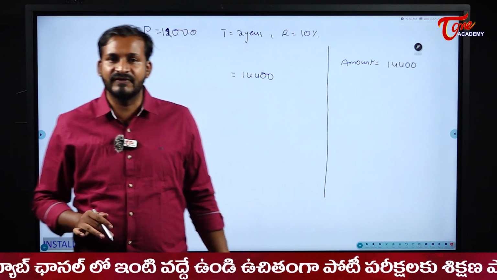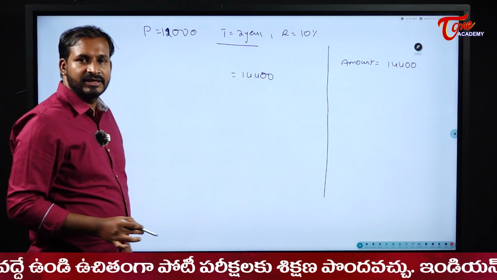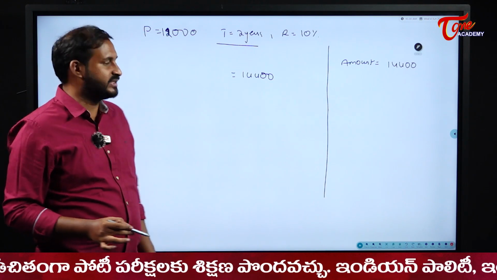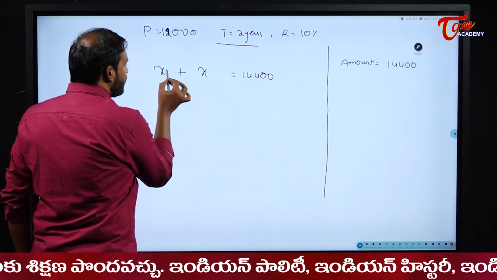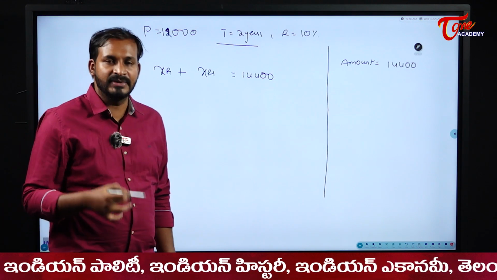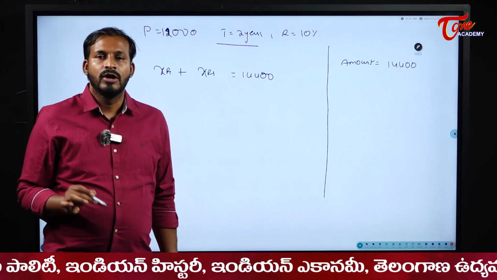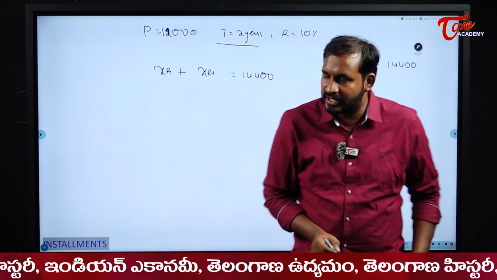But in case of installments, what will you do? Two yearly installments. For example, if I say that I am paying it in 2 equal yearly installments, assume X rupees and X rupees are the installments I have paid. Now, few students will think that anyway it will amount to 14,400.